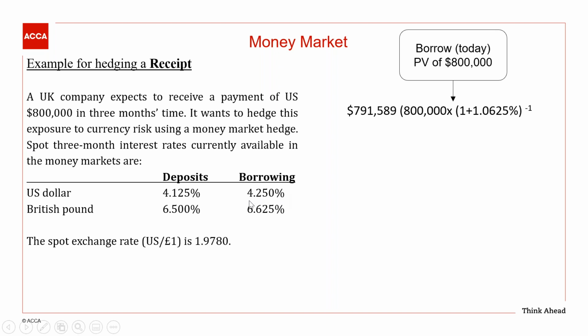So just convert 4.25 into a 3 months rate. Divided by 12 and multiplied by 3. And tell me what is the rate. 1.0625%, right? It's a percentage.